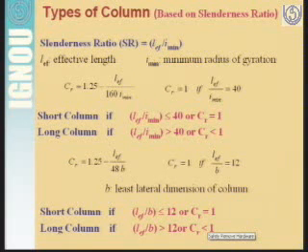So short and long columns can be classified based on the slenderness ratio, and this ratio is defined in the code as 12. If the slenderness ratio is less than or equal to 12, then we call it a short column. If it is more than 12, then we call it a long column.